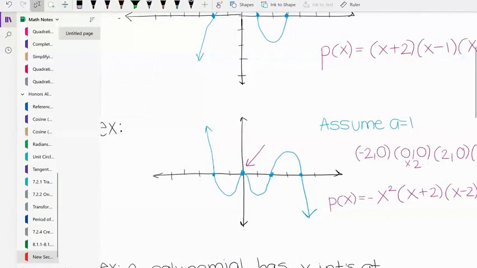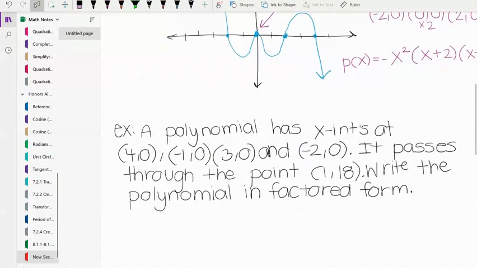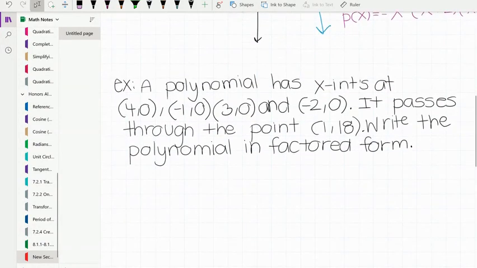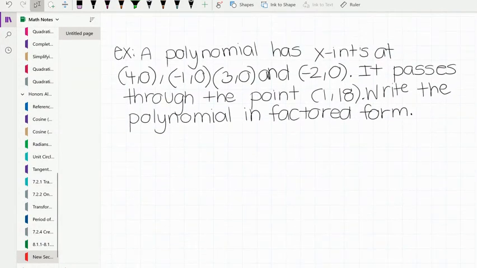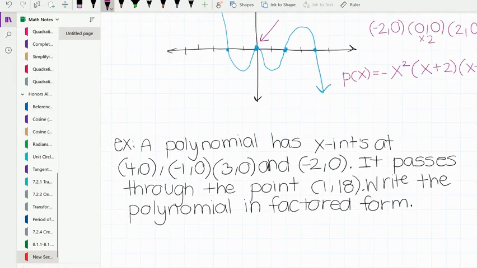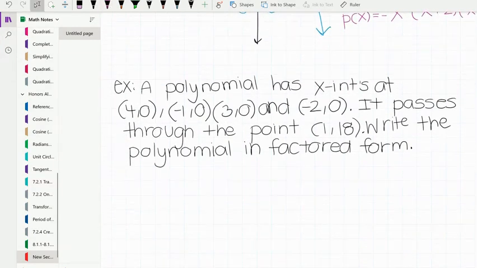Okay, the last 2 examples are given information. So now we have a polynomial that has x-intercepts at 4, 0, -1, 0, 3, 0, and -2, 0, and then it gives us a point that it passes through. In this one, we don't actually have a picture of a graph, because it's a little bit complicated to draw these to scale.